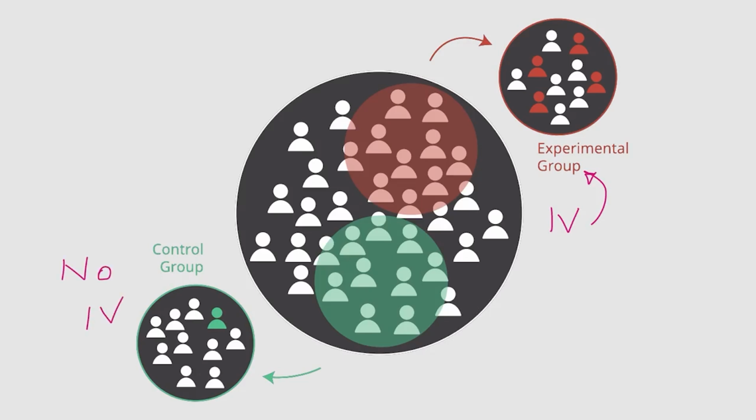So both these groups, experimental and control, are drawn from the same sample, but the purpose of the control group is to provide some sort of benchmark to show that yes, it was actually the IV that was delivered to the experimental group that caused a change in whatever the dependent variable is that was being measured. In our earlier example, our plant that receives tap water is our control group, and our plant that receives mineral water is our experimental group.